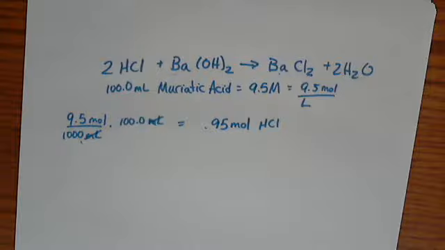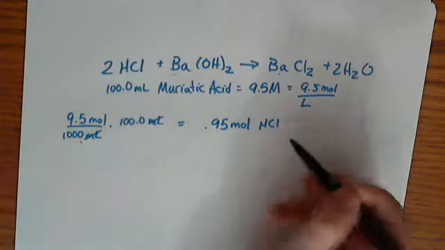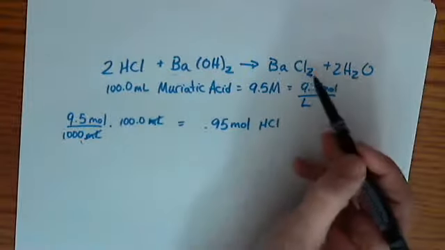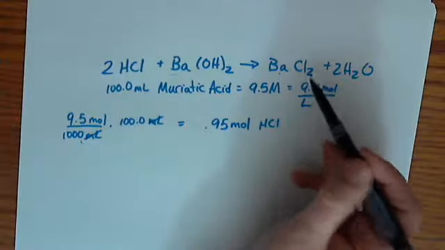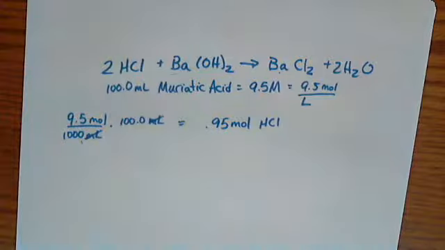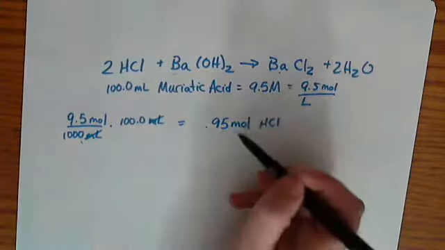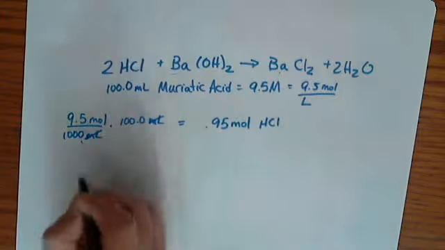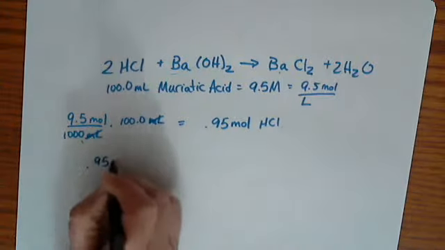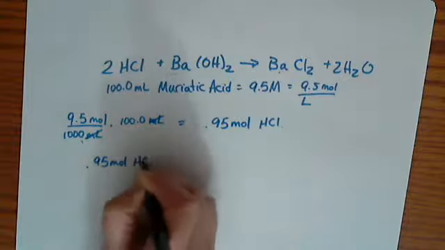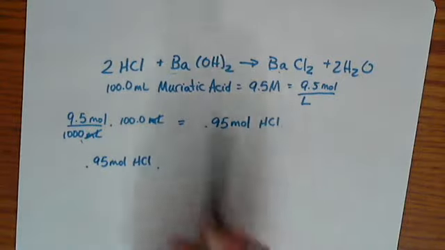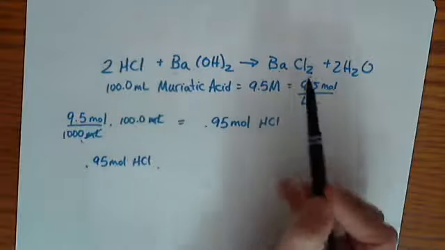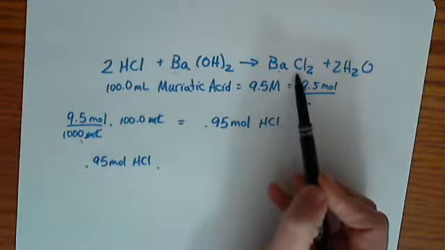No worries about that. So now that we have the number of moles of HCl, we still want to figure out how many grams of barium chloride I'm going to end up with. Just double check that. The grams of barium chloride, it just says how much would be produced. So if I have 0.95 moles of HCl, and I know that for every 2 moles of HCl, I make 1 mole of barium chloride, right?